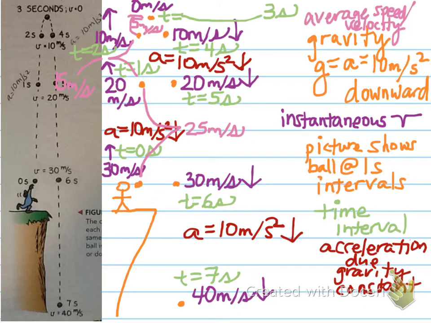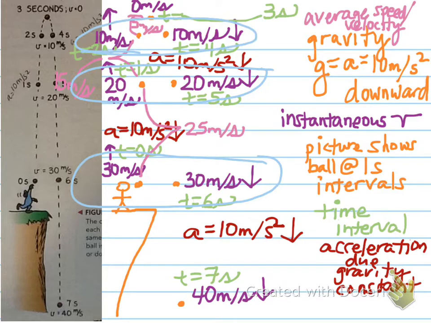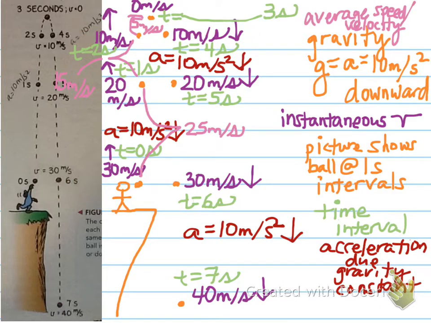Now notice something. One little quirk about this. Notice at the same position, my speed is the same. They're acting in different directions, but the number itself is the same. So my average velocity here is still going to be 5 meters per second.